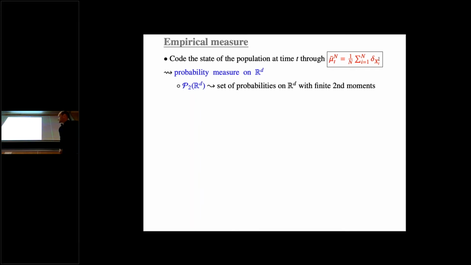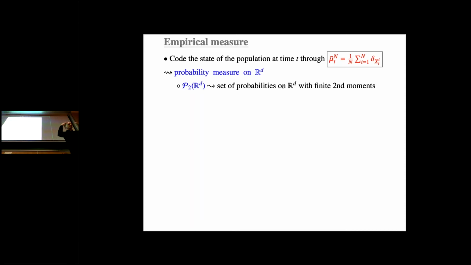Okay, another key object is that you are going to introduce the space of probability measures, P of R^d. Sometimes you will see appearing an index 2. This is just to say that I'm going to focus on probability measures with a finite second moment.